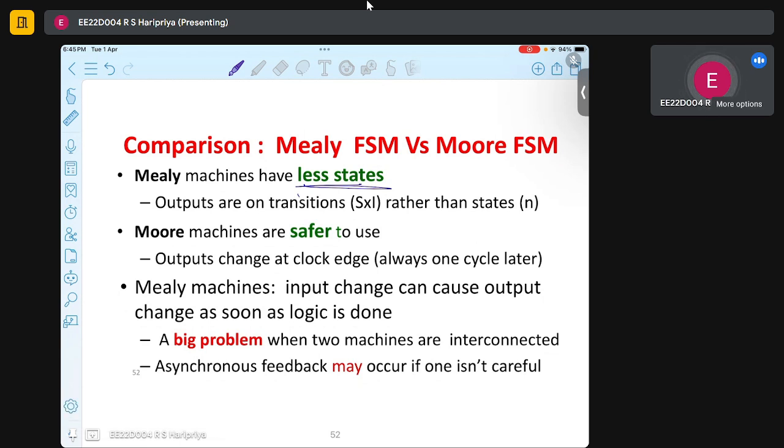And Moore machines are safer because the output changes at the clock edge. In a Mealy machine, an input change can cause an output change as soon as the logic is done. So it's a problem when two machines are interconnected. Here, an input change does not affect the output, but it depends on the clock for Moore, so it is safer.